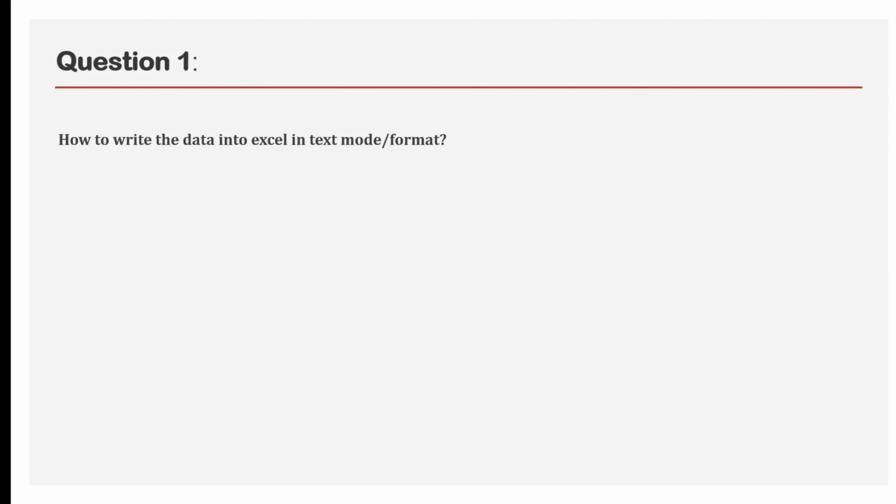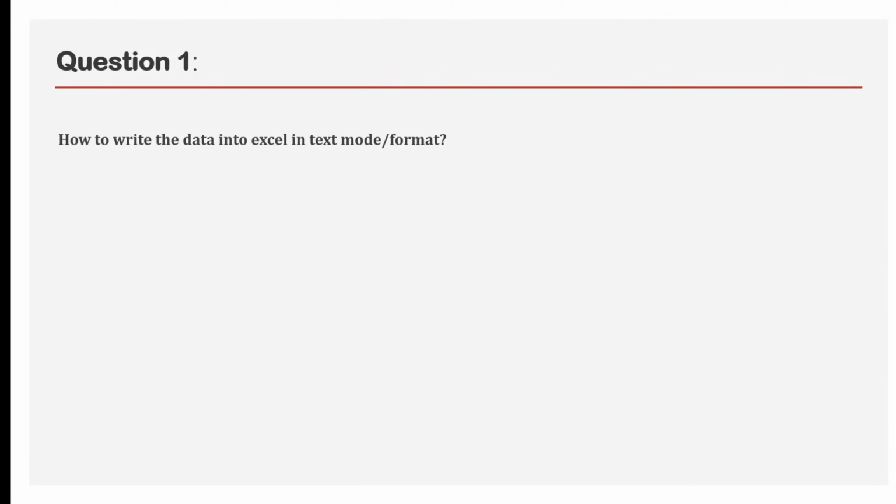So today we'll see the first question: how to write the data into Excel in text mode, or you can say text format. When any interviewer asks how we write the data into Excel in text format, the candidate focuses on writing the data into Excel, so directly they start their answer.